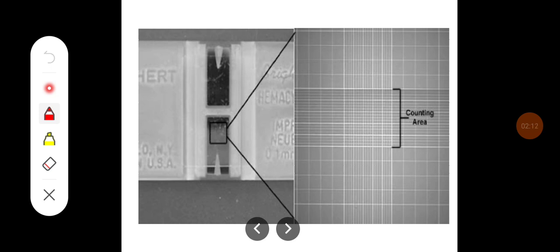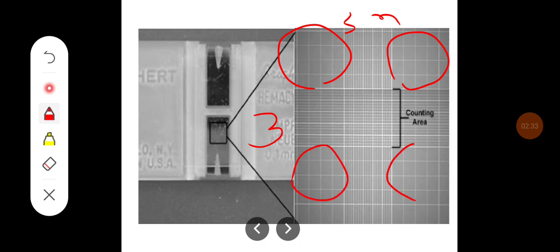The length and breadth of the etched area is 3 millimeter in breadth and 3 millimeter in length. This area is divided into WBC counting chambers. The peripheral corners are utilized for the counting of WBCs, whereas the central square will be utilized for the counting of RBCs.